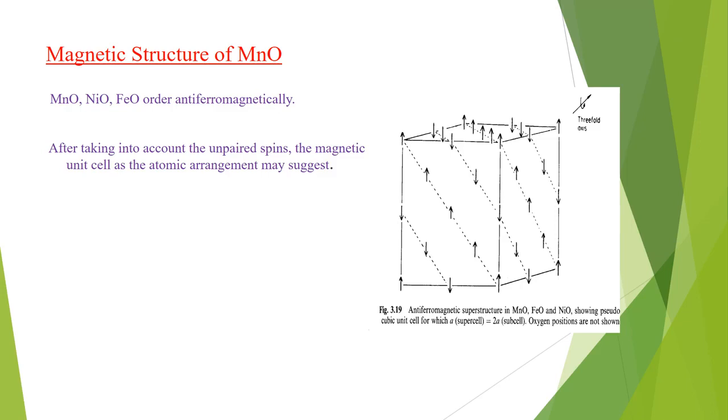Oxygen positions are not shown in this figure. Manganese oxide, nickel oxide and iron oxide order antiferromagnetically. After taking into account the unpaired spin, the magnetic unit cell is larger than the atomic arrangement may suggest.